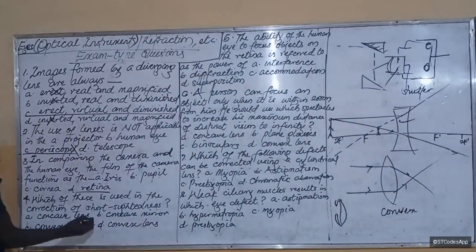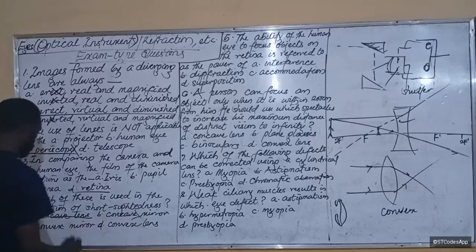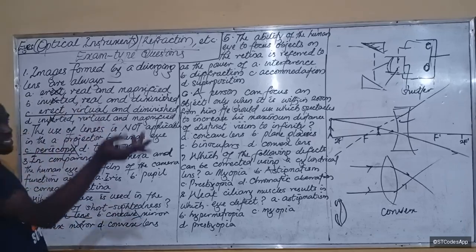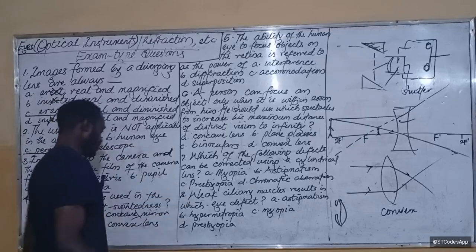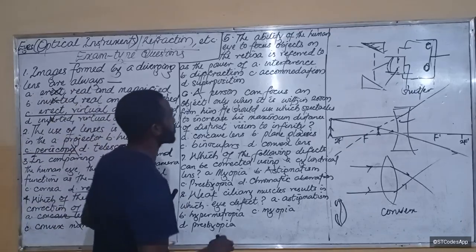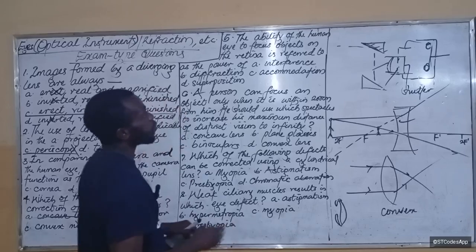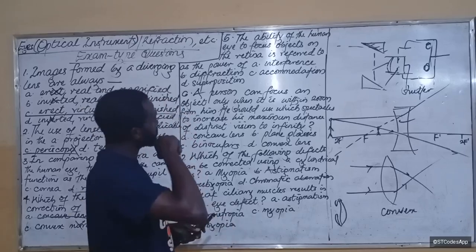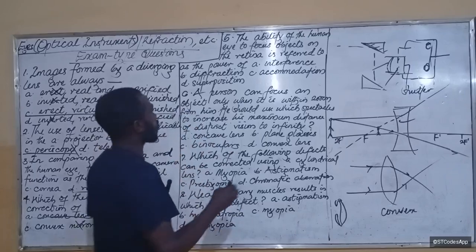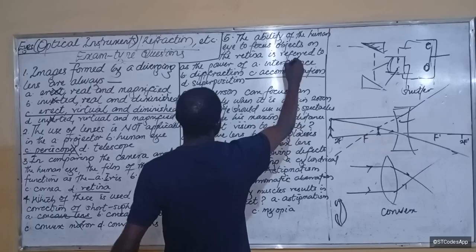So the answer is concave lens, not mirror, okay? You don't use mirror. With mirror, you can't see the other side. Convex lens is for long-sightedness. The ability of the human eye to focus objects on the retina is referred to as accommodation, not interference.